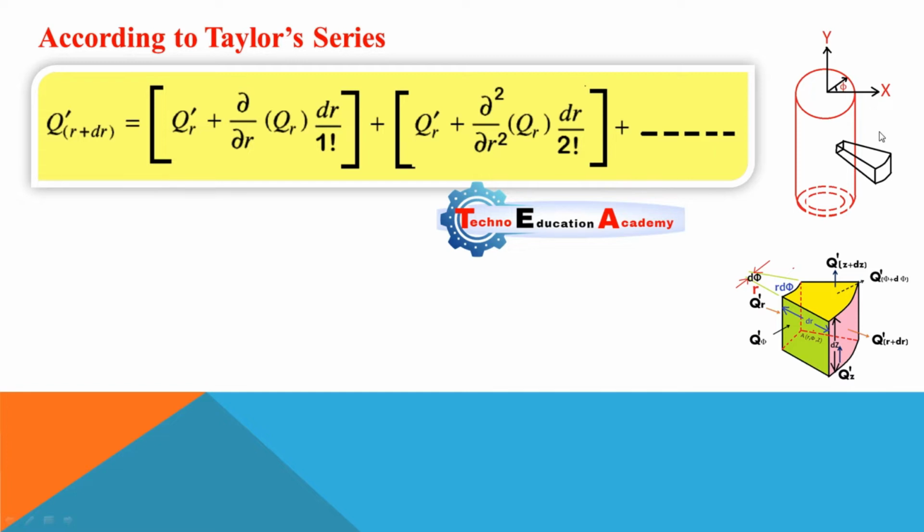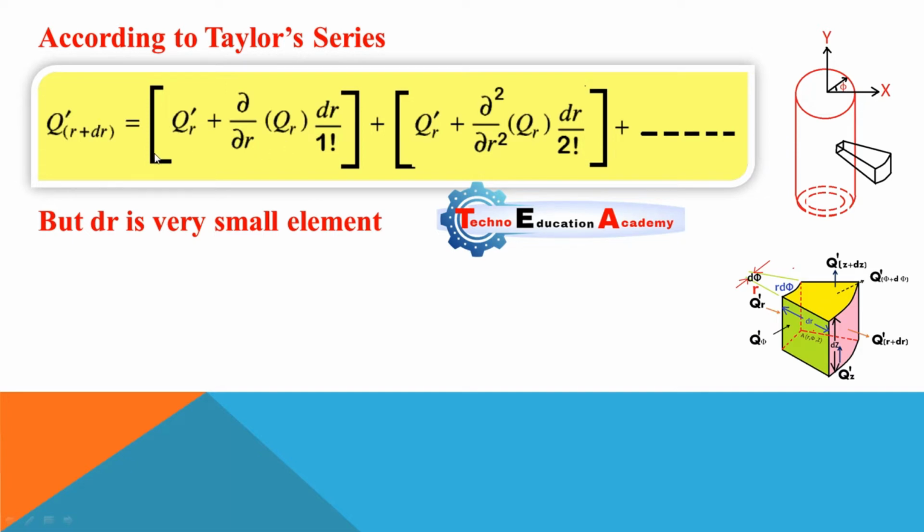Here dr is a very small element. We have already discussed that it is a small element of the cylinder. So dr is very small, and dr divided by 2 factorial, where 2 factorial means 2, and dr divided by 3 factorial, where 3 factorial means 6, becomes very small. So the remaining terms are neglected.